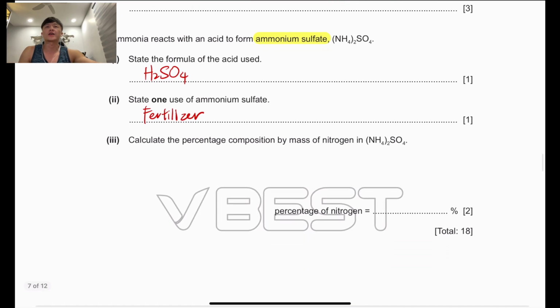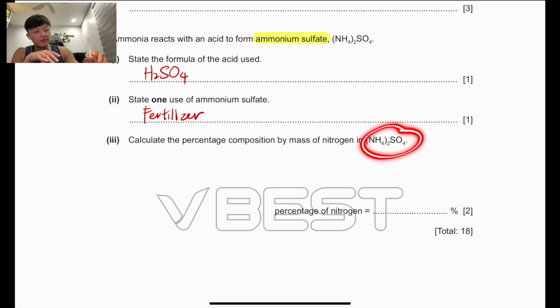Then next one, you are asked to calculate the percentage composition by mass, in terms of the mass of nitrogen in the compound. So the total mass of nitrogen in the compound divided by the total mass of the compound itself. How many nitrogen are inside the compound? (NH4)2, so 2 nitrogen. 1 nitrogen is 14, and there are 2 nitrogen.